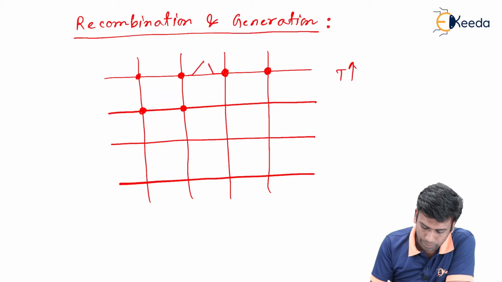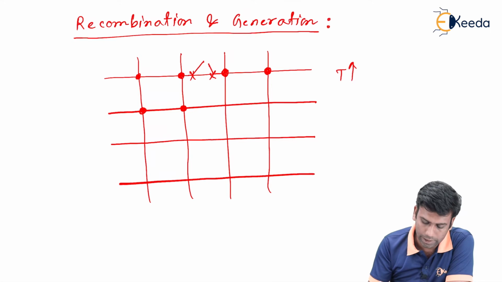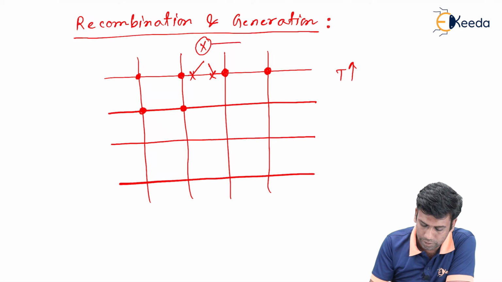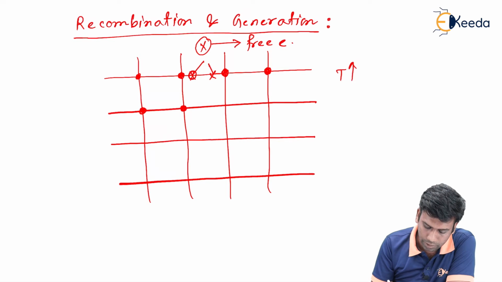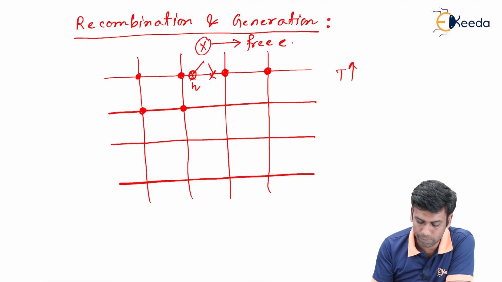So in this broken bond there was an electron, and this electron will come outside of this bond and become a free electron. So this is our free electron, and in the place of the free electron here we have created a hole. So an electron and hole pair has been created.